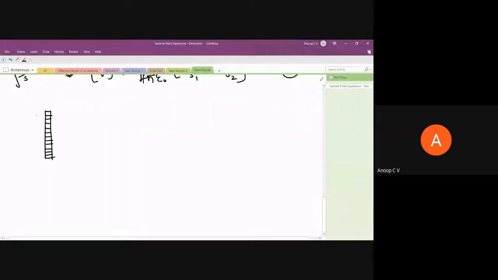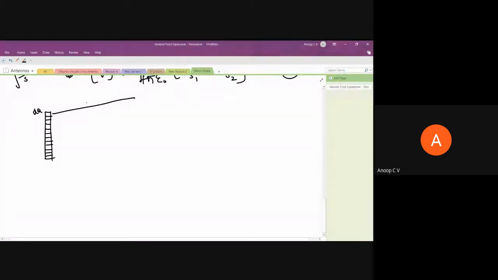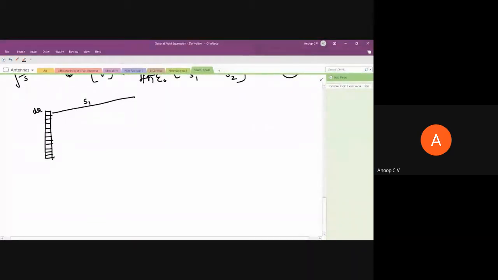I can assume each element has a charge dq, and I want to find potential at some point, say r from the center of this structure. This distance is say s1, and this distance is say s2, and in between we will have different s.